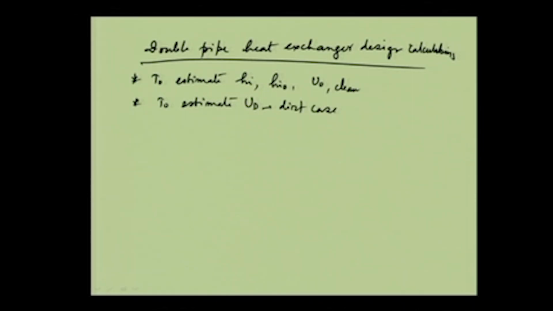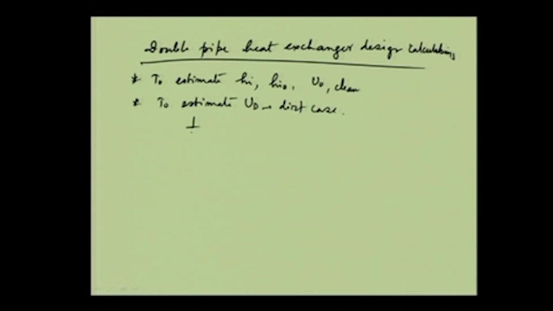So, some important points that we have to see: in this case we have to estimate the inside film heat transfer coefficient based on outside area, and then the overall heat transfer coefficient, and then to estimate U D, that has to be done. U C is for the clean case, and U D is for the dirt case when there is a fouling factor.